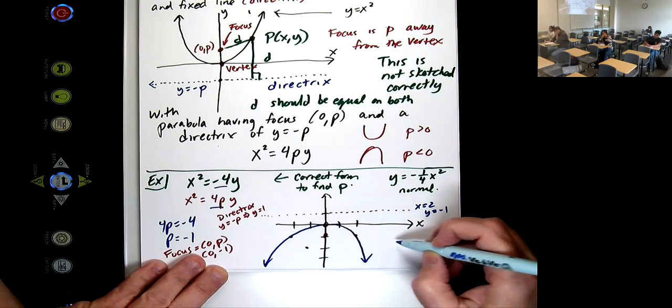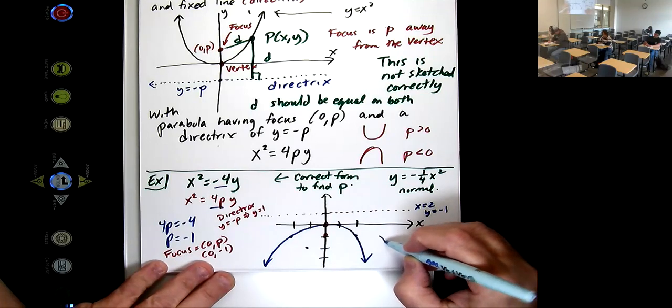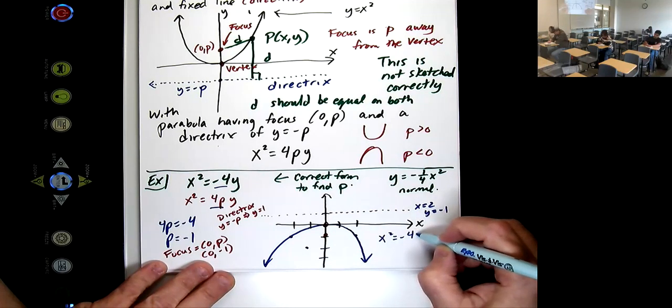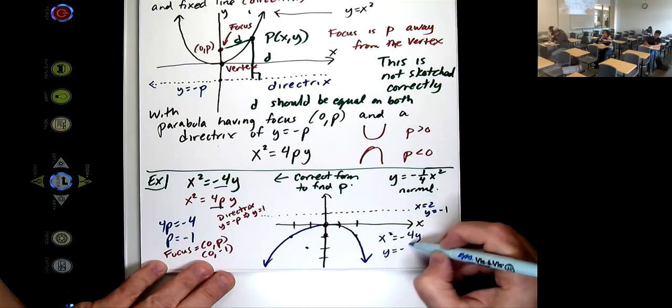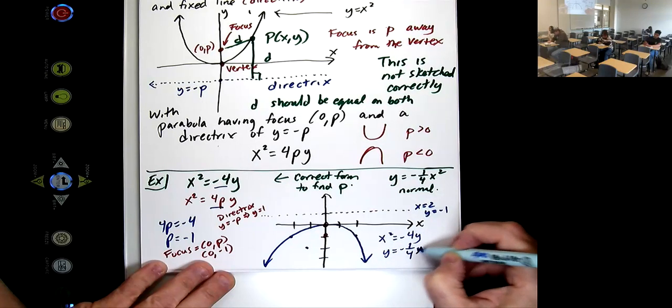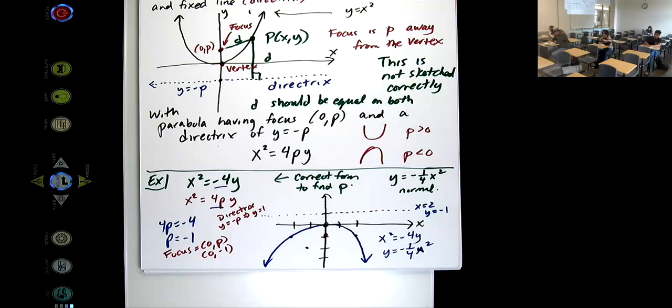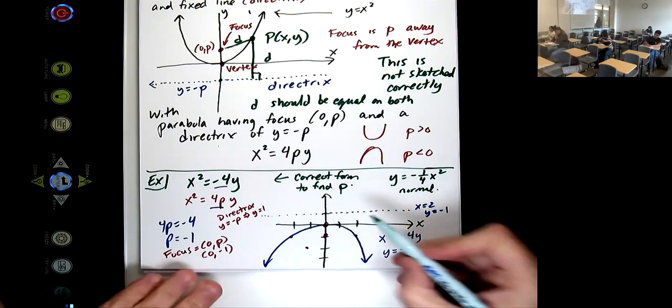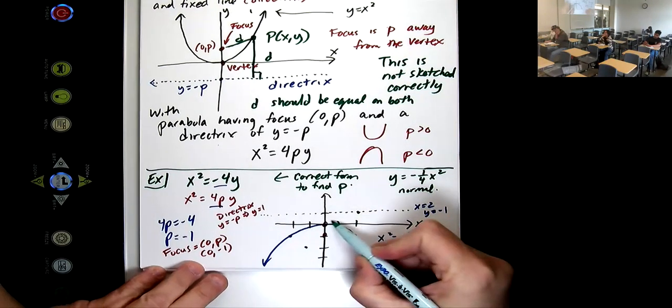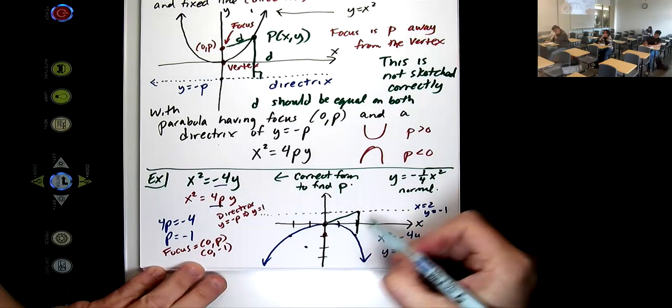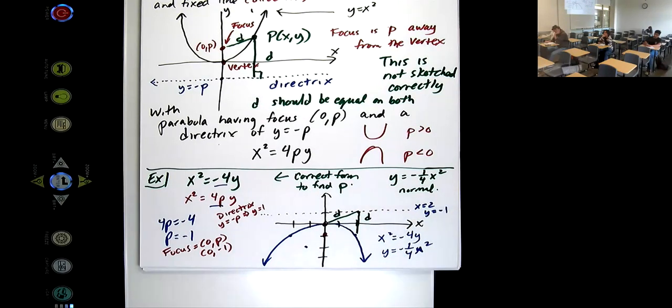So that's my parabola: x squared equals -4y, or y equals -1/4 x squared. And the idea is that the distance from here to here is the same thing as that distance there.